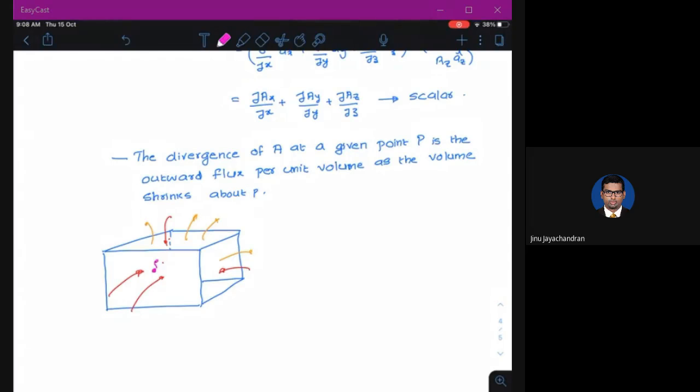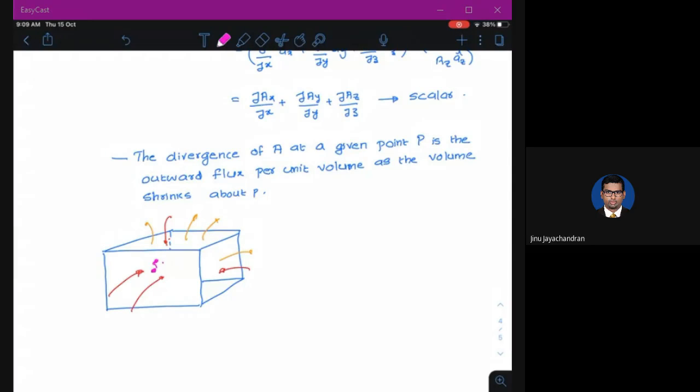So if this cube shrinks to this point P, what is the net outward flux? You understand that flux means basically some kind of force lines. It can be because of a charge placed inside the cube and a charge placed outside the cube, because a charge always creates a force.